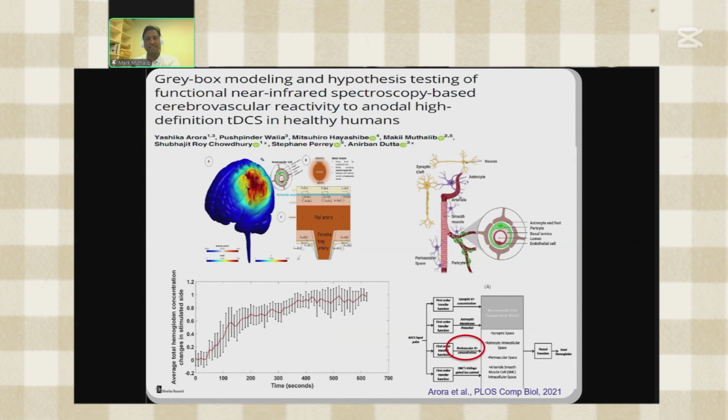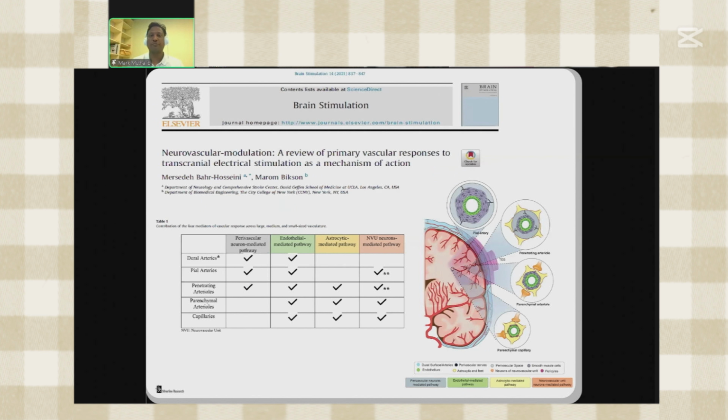So we have both tDCS effects on cortex, on the cortical neurons, but also there's a vascular effect of the stimulation, which is being disregarded in the field, but now it's become more known, particularly with this recent review that shows, apart from the neuronal activation, you have the neurons that surround the blood vessels in the brain itself that are being modulated. So you have a dilation of blood flow or constriction that is modulated by the stimulation.